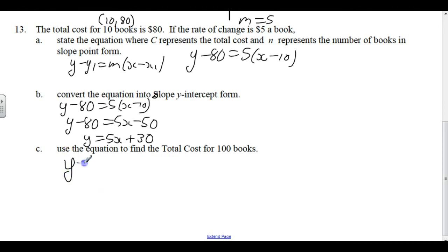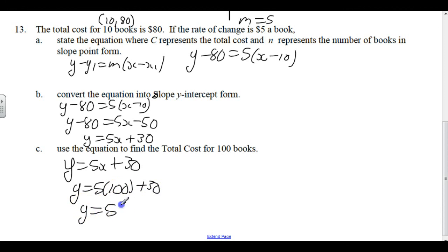Use the equation, so y is equal to 5x plus 30. Y is equal to 5 times 100 plus 30. So y is 530. Okay, here, let's do the correct one with the requested variables. This will be like c minus c1 is equal to m times (n minus n1).